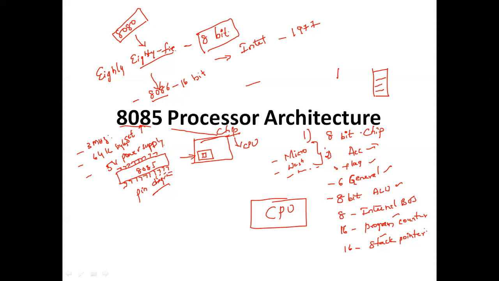This is the requirement for the microprocessor to work: a 5 volts DC power supply, access up to 64 kilobytes of memory, and a frequency of 3 megahertz. So this is the basic introduction of the 8085 processor architecture.